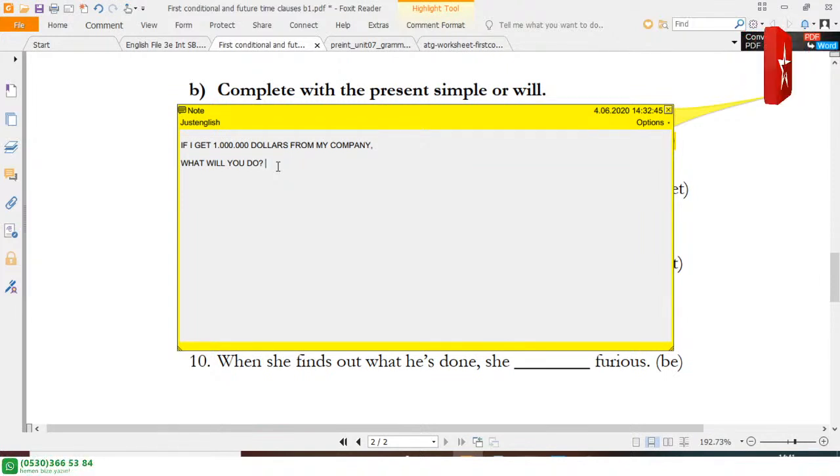They say, I will travel to the world, Leila says. Tuko says, I'd like to buy an island. Why island, Tuko? Why would you like to buy an island? For example, buying a house in a different country, but Tuko wants to buy an island.